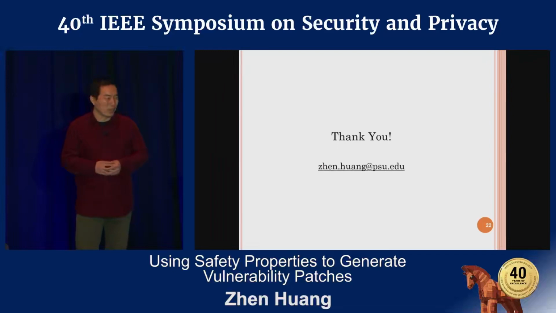Okay, then a follow-up question to that is how easy or how difficult is it to construct or define this property given a new bug?